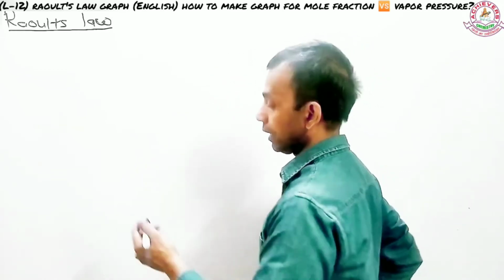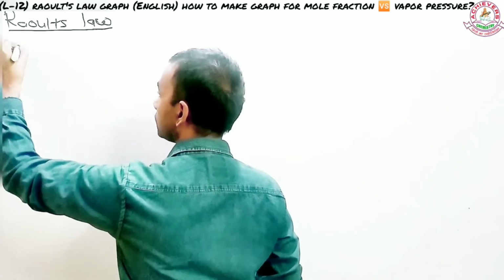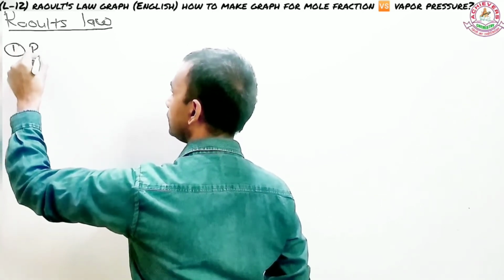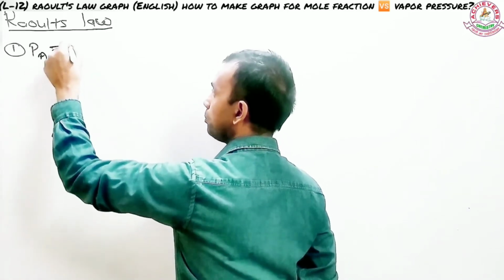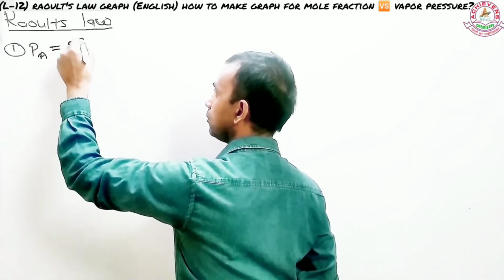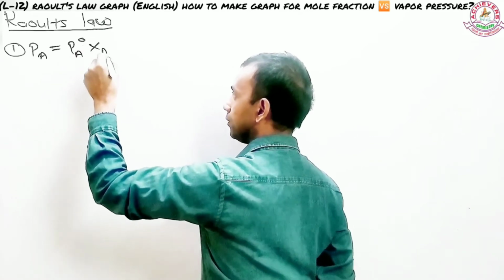So the first equation I had was PA, which is the partial pressure of the solution, equal to PA naught into XA, right?